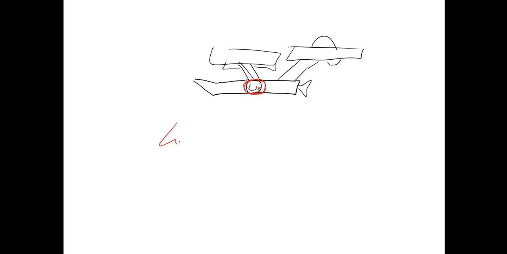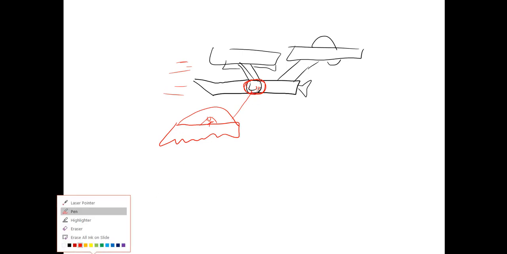Let's pretend there is this jellyfish-looking alien spacecraft, and as the Starship Enterprise is flying through space, the jellyfishmen decided to steal the trilithium crystals.